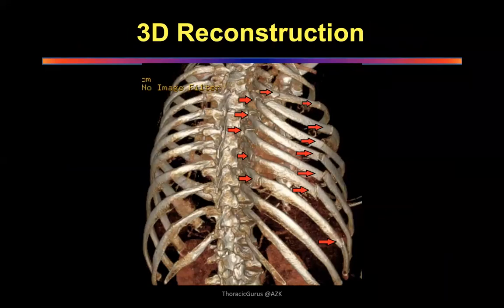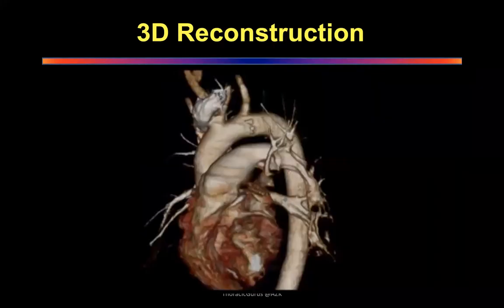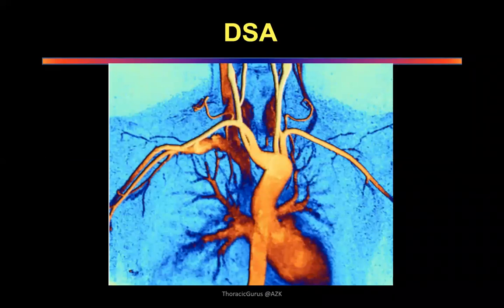Okay. Other images available for us are 3D reconstructions of the chest wall. We can do that for trauma, for fractures and things like that. These softwares are an excellent tool in radiology, and everybody must use them, including the 3D reconstruction of the blood vessels that are available. Digital subtraction angiography is when you put in the normal CT versus the contrast CT.